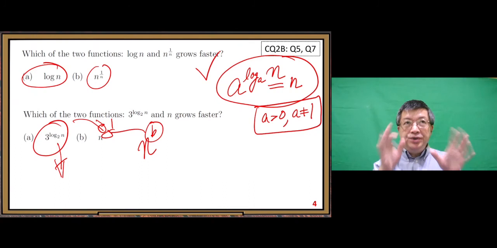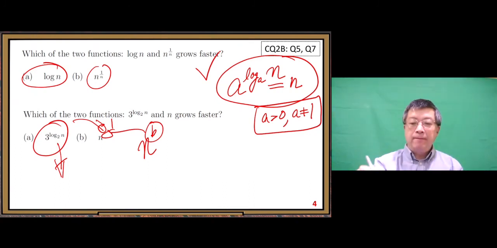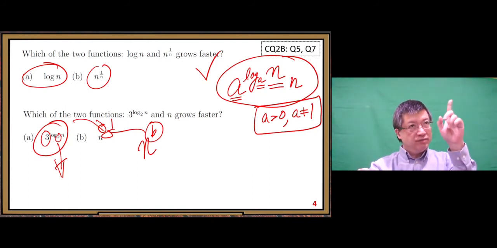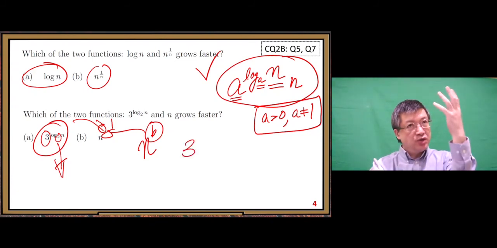Remember, we need to use the same base. The exponential base and the log base must be the same. Here they are different: exponential base 3, log base 2. So we need to do a conversion. I showed you before, so now I show you another time.